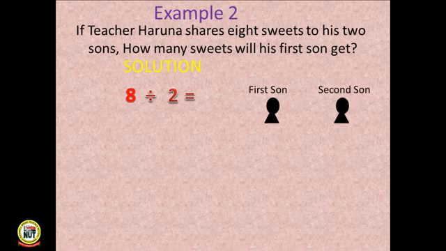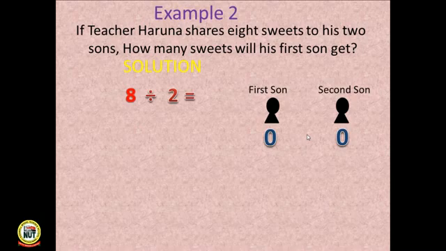So let's do that quickly. Alright, to the first son we give one sweet. Now the second son we give one sweet. But as we are sharing it, we'll be counting. So we have 1, 2. We have shared 2 sweets, okay? Very good. So let's write down. We are supposed to share 8, isn't it?